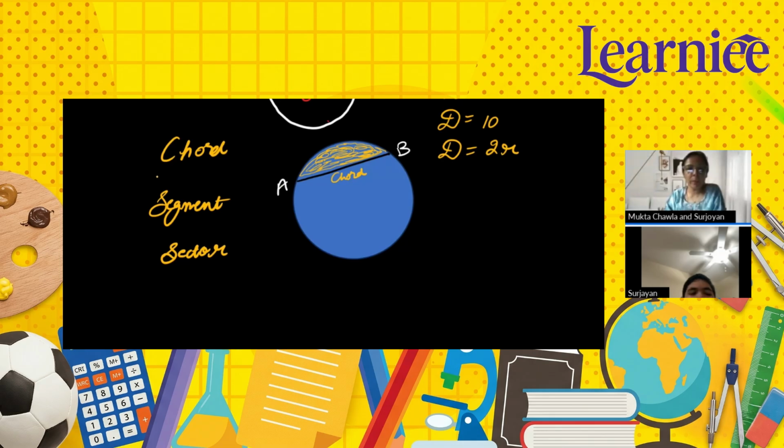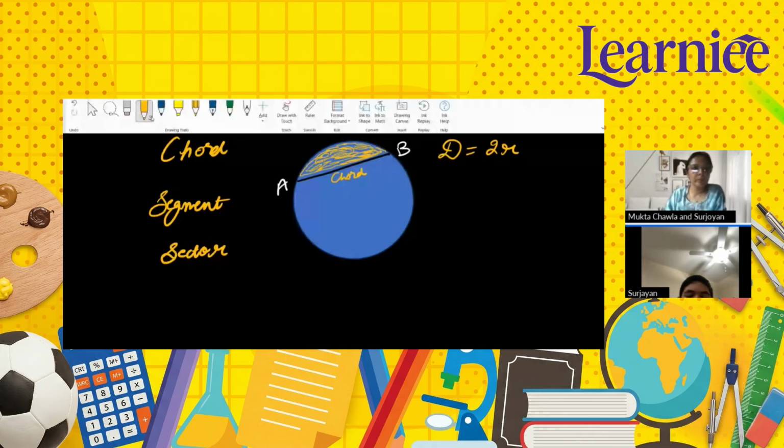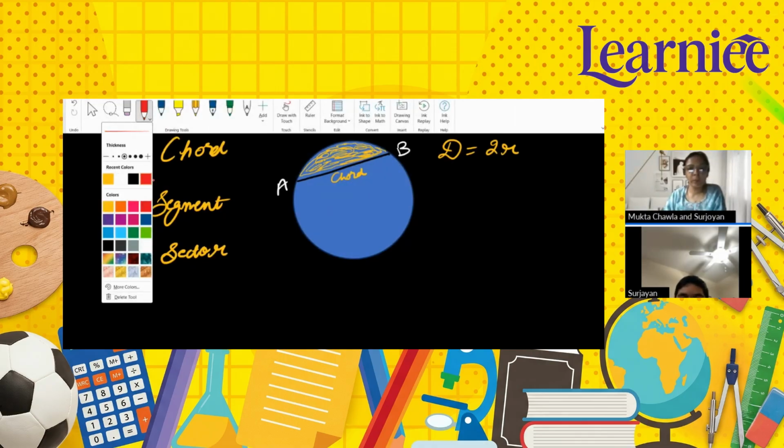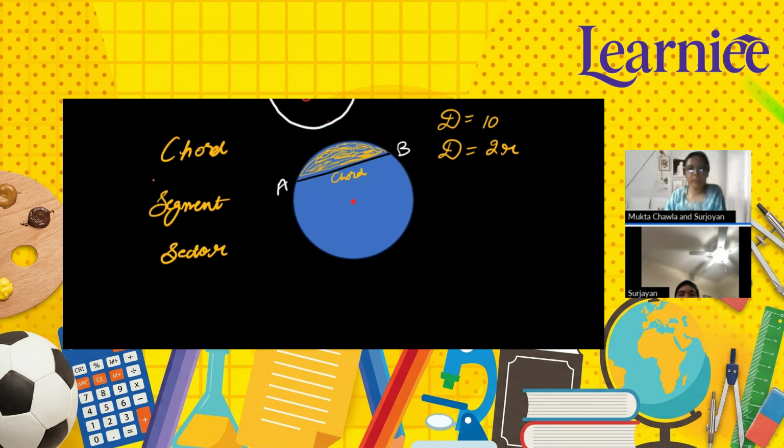Okay, now what is sector? Sector is like the whole part. Okay, now I'm making a center point here, then you can explain. Also, I'm giving you one definition. Sector is formed through arc and center, through radius, you can say.